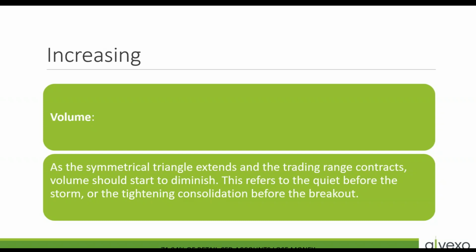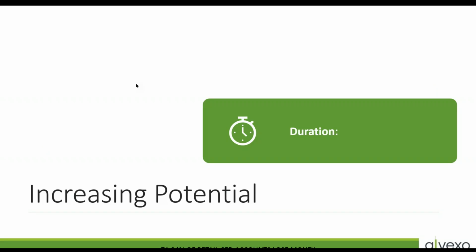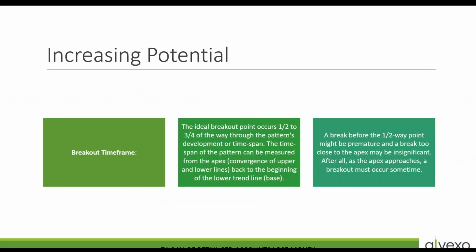When price breaks out of that triangle, regardless whether it breaks up or down, because you don't know until you have the breakout, volume should start increasing. Okay, that will support the move. You also have to look at the duration, whether this is a triangle that just popped up in a couple of time frames or it's been forming for a long time.